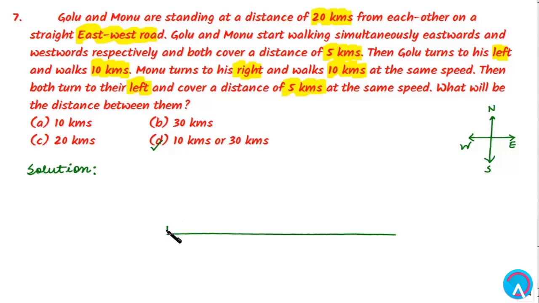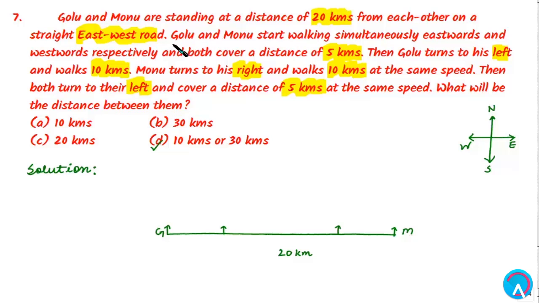Let this be the initial position of Golu, and this be the initial position of Monu, and the distance between the initial positions of Golu and Monu is 20 kilometers. This is given in the question. Also given is that Golu and Monu start walking simultaneously eastwards and westwards, and they cover a distance of 5 kilometers.